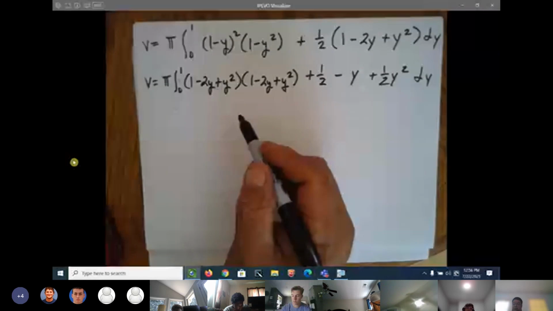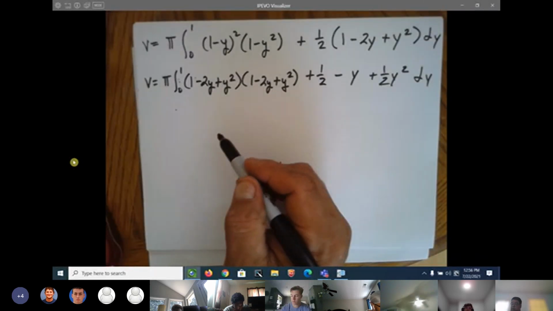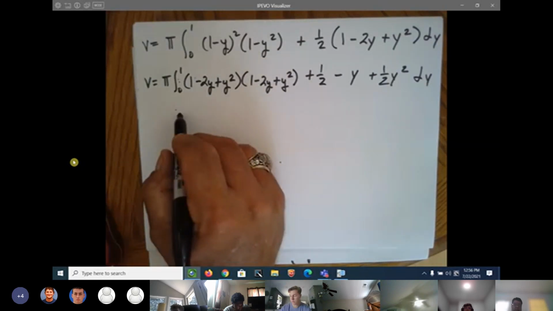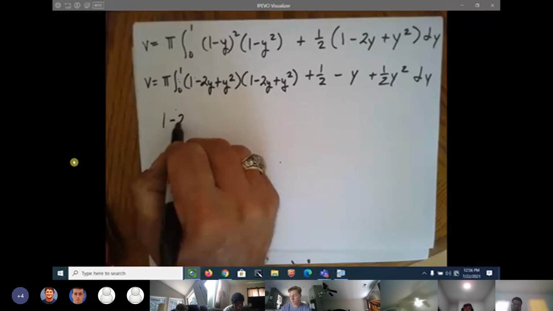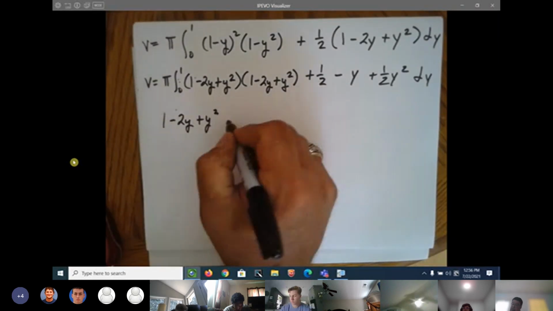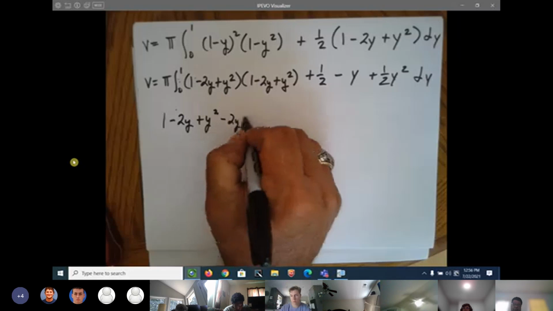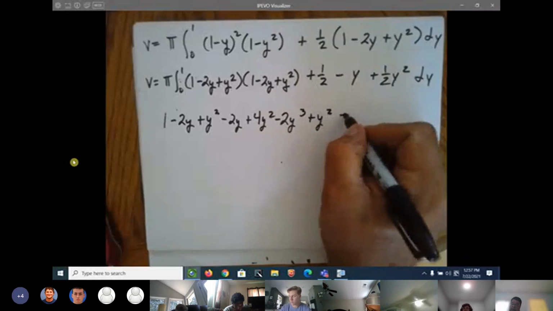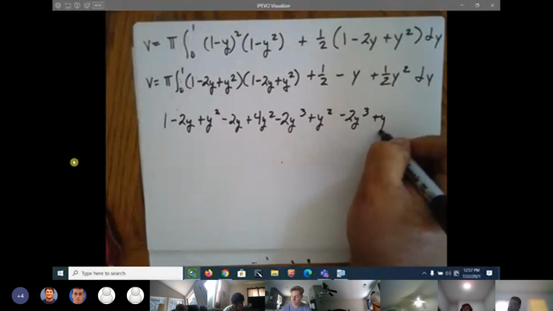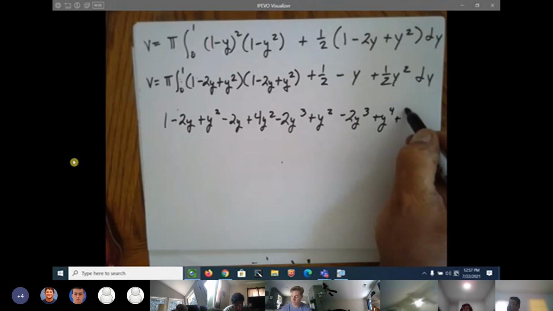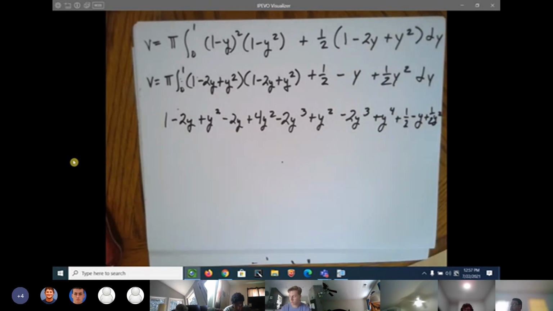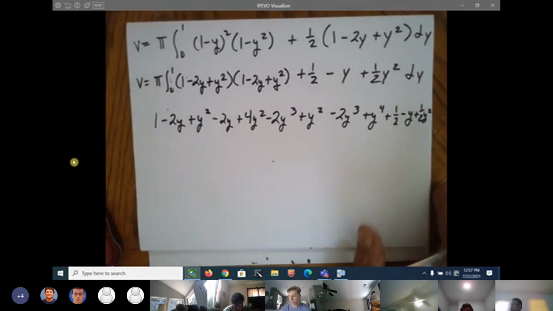And that's going to give you, altogether, 1 minus 2y plus y squared minus 2y plus 4y squared minus 2y cubed plus y squared minus 2y cubed plus y to the 4th plus 1/2 minus y plus 1/2 y squared. And now you're ready to combine like terms.